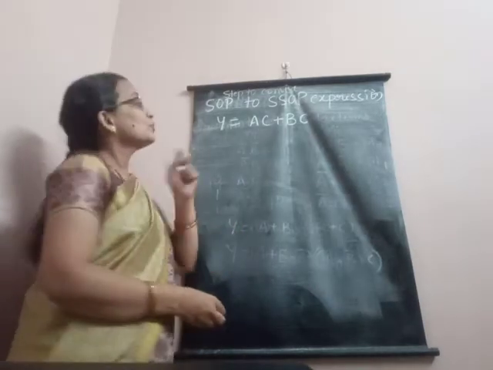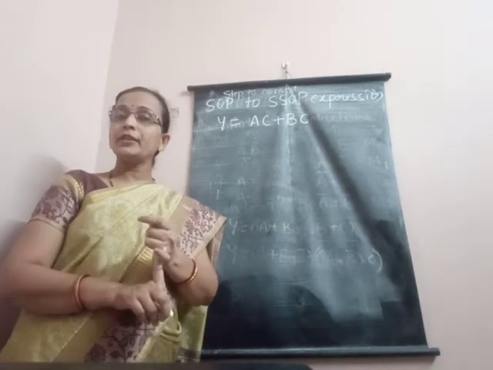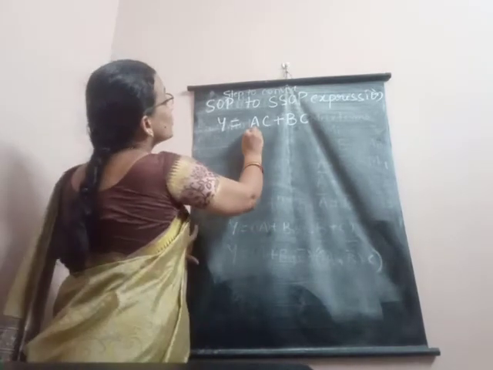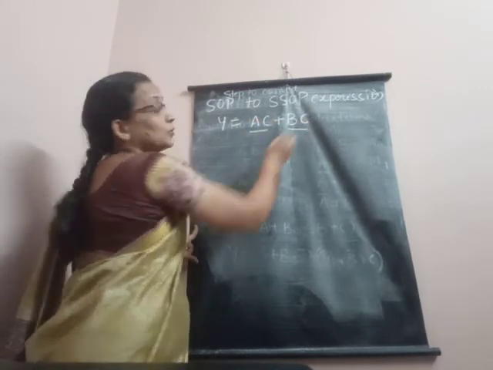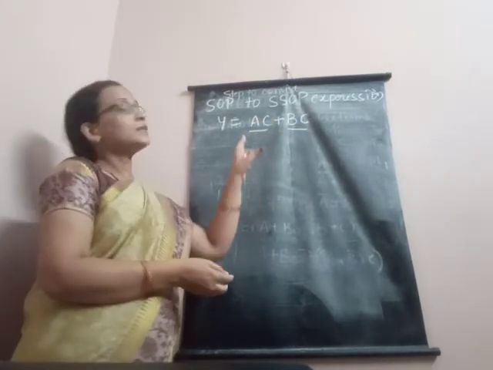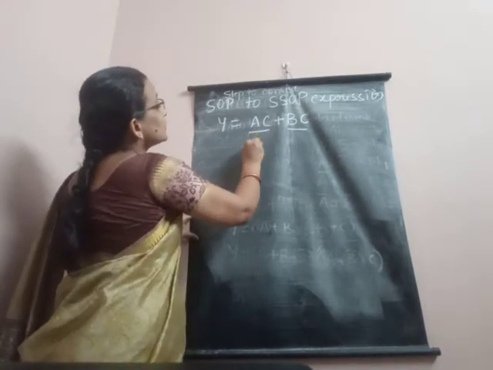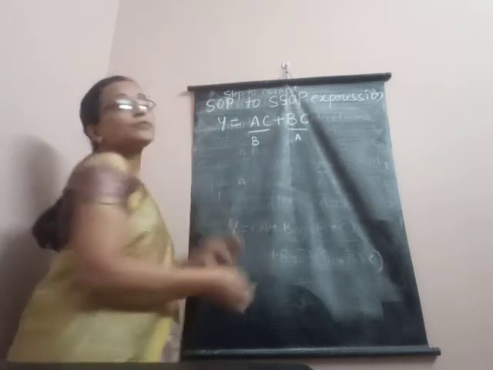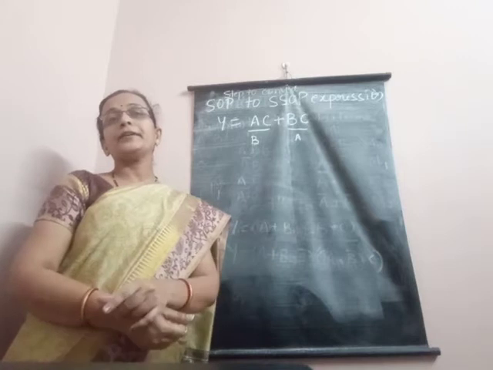The first step is to identify the missing variable in each AND term, that is, which variable is missing in each term. In this case, the first term is missing B and the second term is missing A.